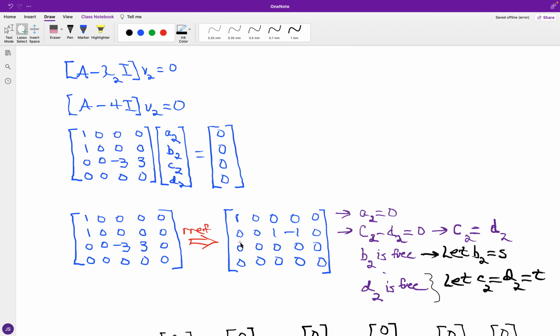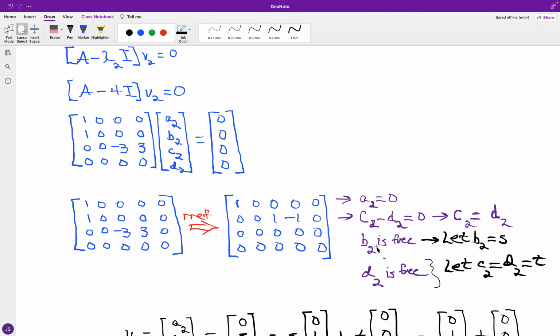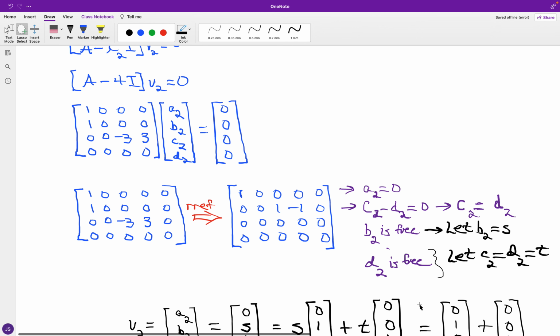Next row, we have 0, 0, 1, -1, 0, and this is going to signify that c sub 2 minus d sub 2 is equal to 0, so c sub 2 is equal to d sub 2. Since neither the second column nor the fourth column has a 1 isolated, that means that b sub 2 is a free variable, and d sub 2 is likewise.